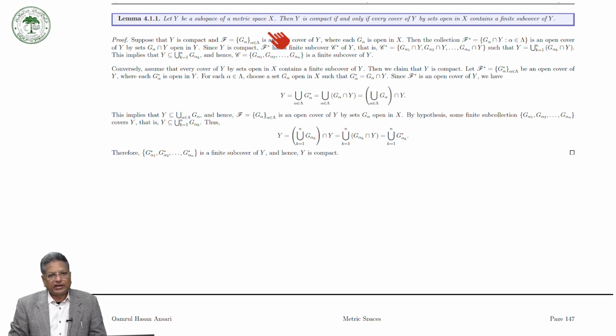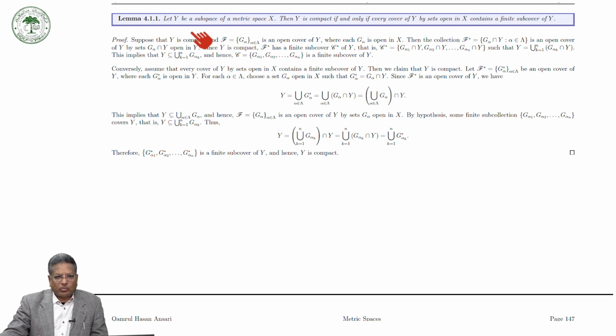So by using this lemma, we are not worried about whether the elements of an open cover are open with respect to the metric on X or with respect to the metric on Y, that is, the restriction of the metric to Y. This is a very important point.